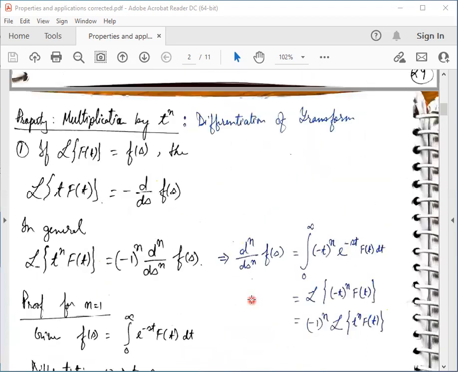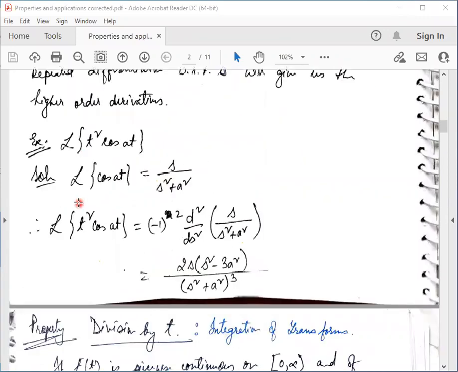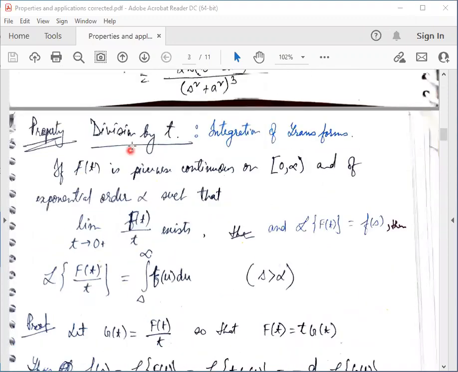So we have seen how the Laplace transform changes when we multiply the function by t. Now let us look at how the Laplace transform changes when we divide the function by t. Okay, so division by t.